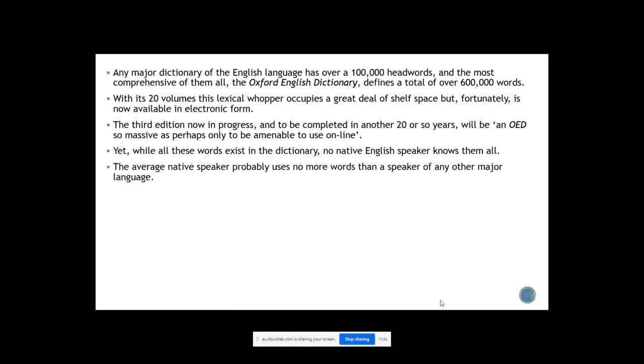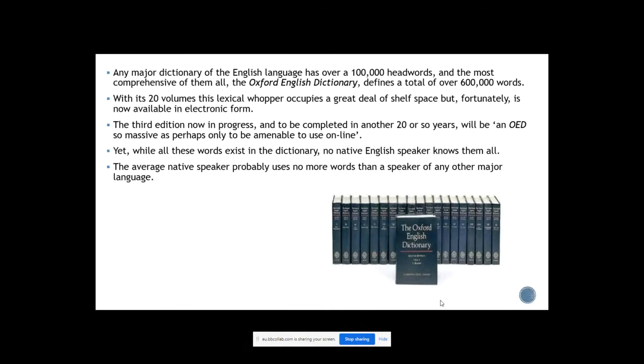The average native speaker probably uses no more words than a speaker of any other major language. So the words we use in Arabic as our mother tongue are more or less the same number of words used by a native speaker of English. So as you see, this is the 20-volume set of the Oxford dictionary.